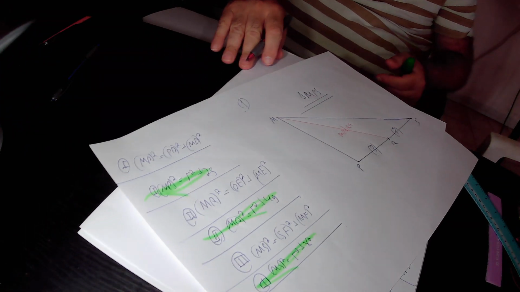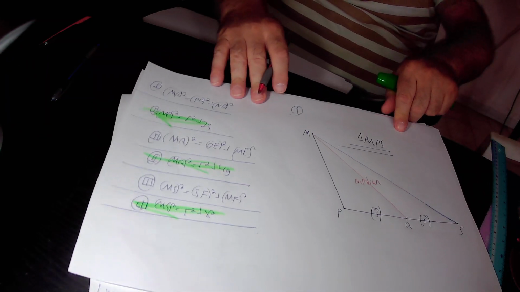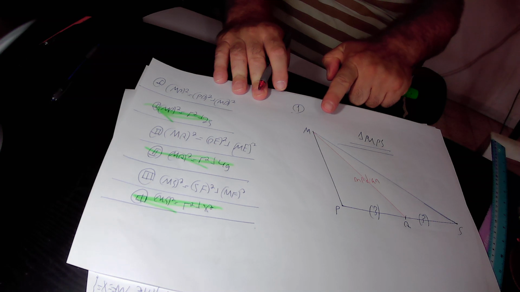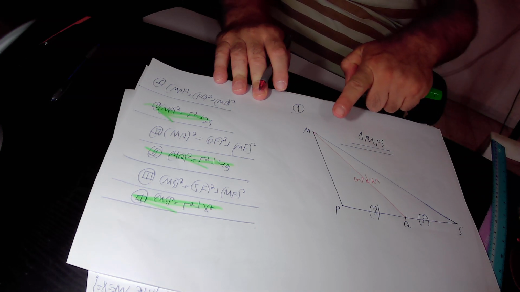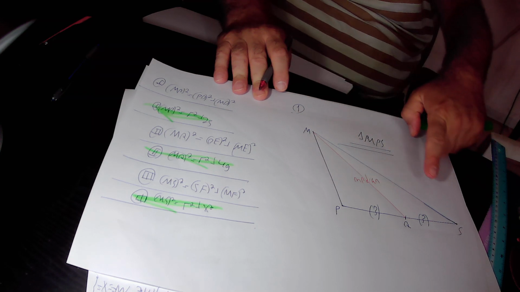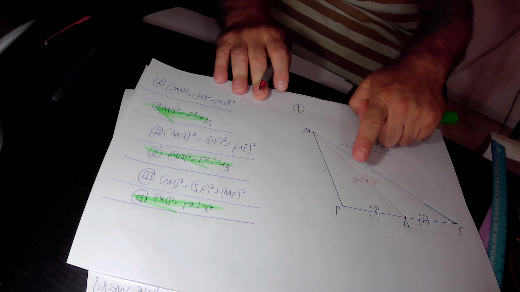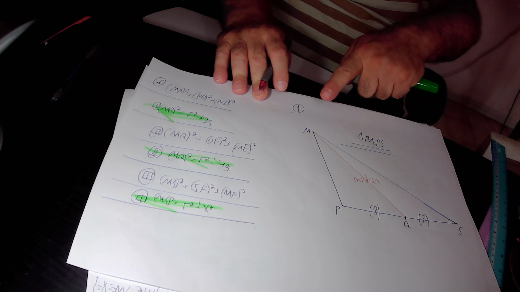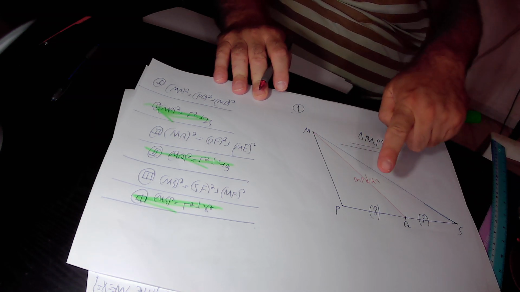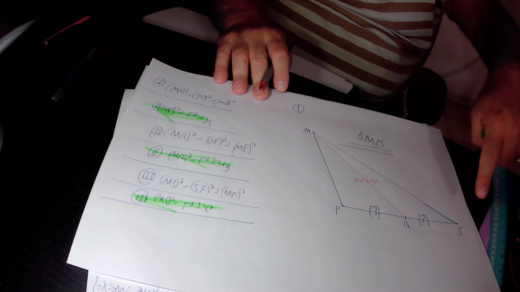A median of a triangle starts from a vertex and ends at the opposite side of this vertex M, that is side PS, and the median MQ bisects the opposite side PS. Each half equals 3 units.